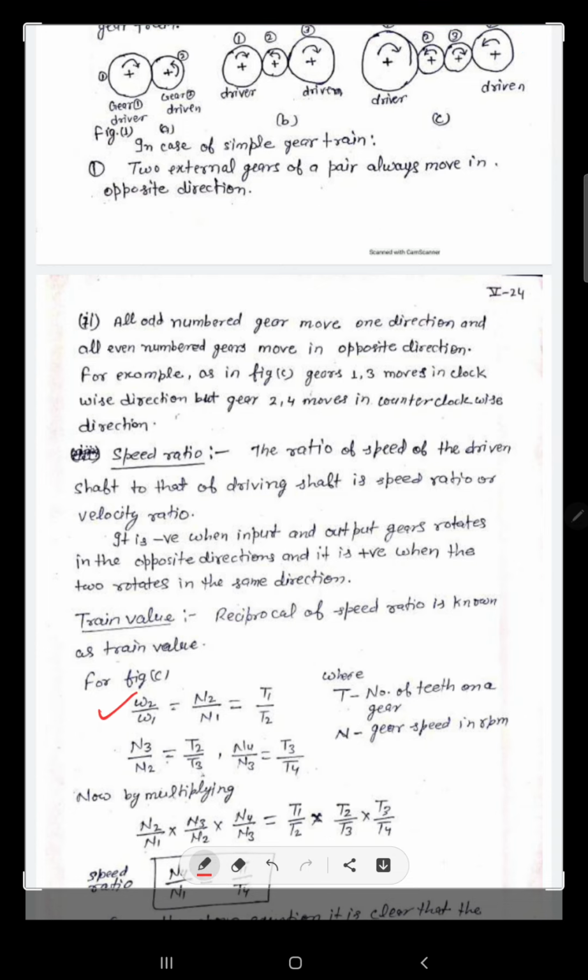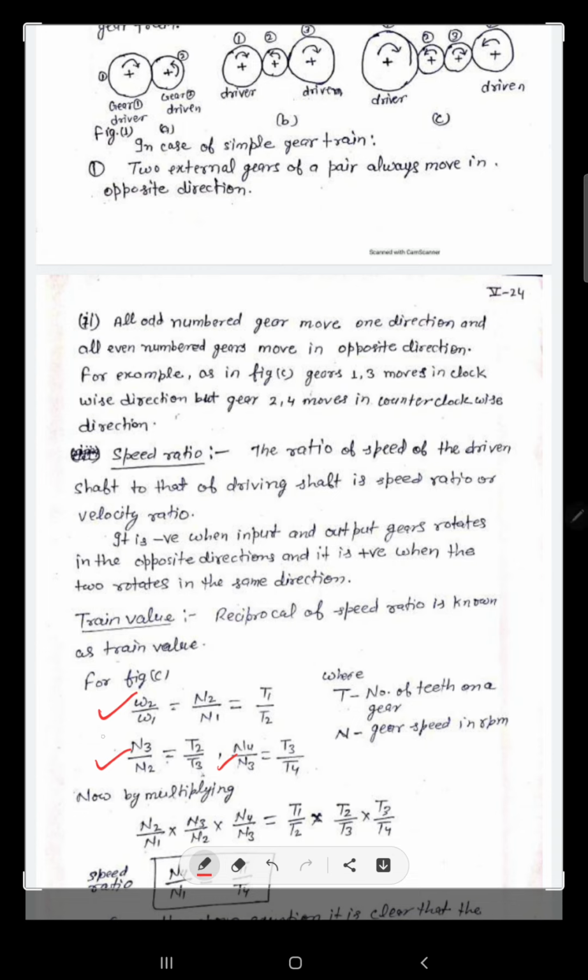Omega 2 upon omega 1 is equal to N2 upon N1, which is equal to T1 upon T2. Between gear number 3 and gear number 2 we can write N3 upon N2 is equal to T2 upon T3, and between gear number 4 and gear number 3 we can write N4 upon N3 is equal to T3 upon T4.